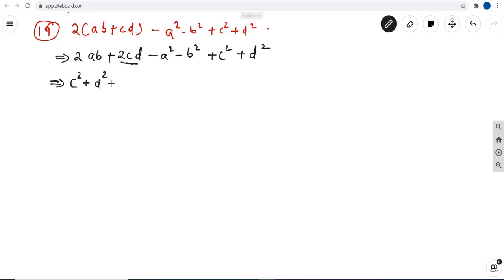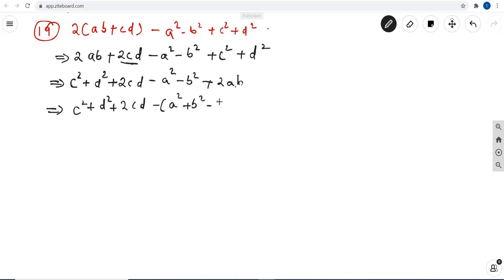So this one I'm going to write down first. So this becomes 2CD. Then I'll write minus A square minus B square and plus 2AB. One more step, I'm going to write it as C square plus D square plus 2CD minus, I'm going to take it outside here, A square plus B square.